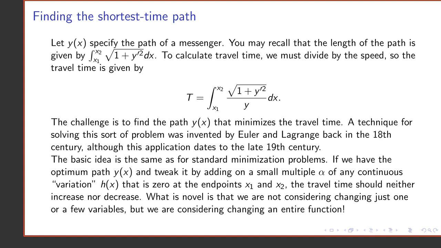And therefore the derivative with respect to alpha should be 0 no matter what h of x I choose. Historically, this h of x is known as a variation of the path, and this branch of calculus, which is usually taught only in advanced courses, is known as calculus of variations.